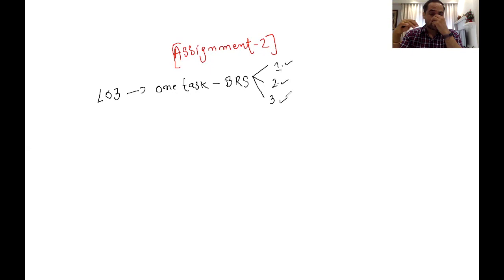So that's the thing that you need to keep in your mind when you're doing your assignments. And second thing, in your assignments, when you prepare BRS, you're gonna use both methods, right?